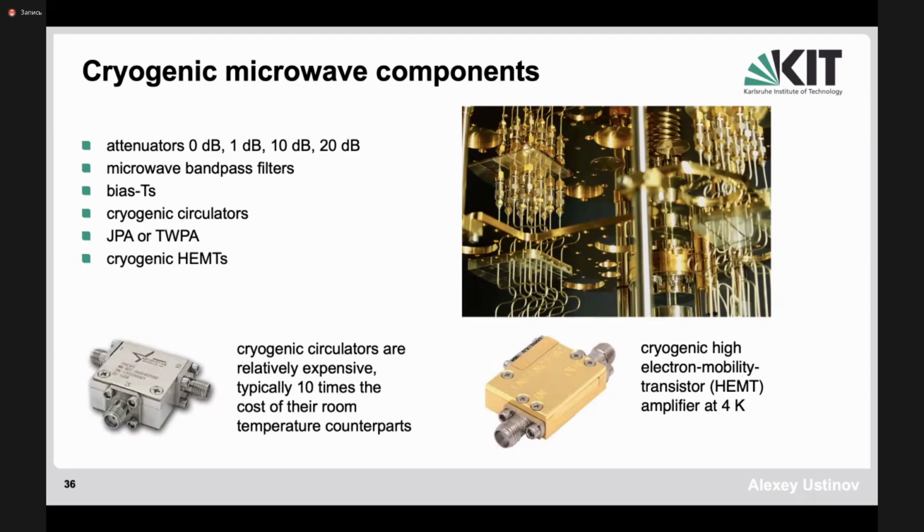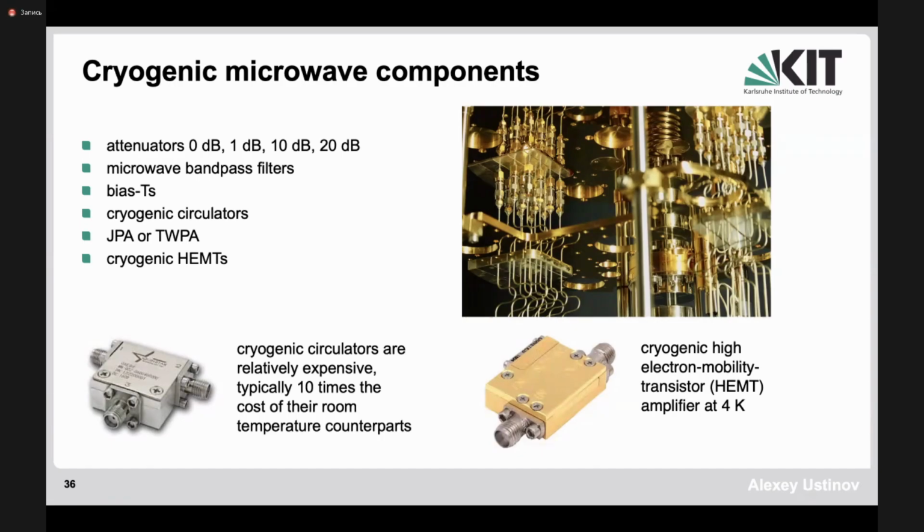To provide DC signals in the coaxial cables, one can use the so-called bias T. That's basically an inductor which connects to the central wire of the coaxial cable. One uses Josephson parametric amplifiers or traveling wave parametric amplifiers. One uses cryogenic high electron mobility transistor amplifiers.